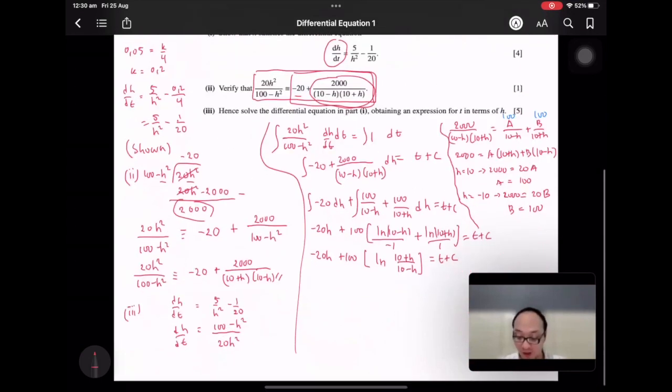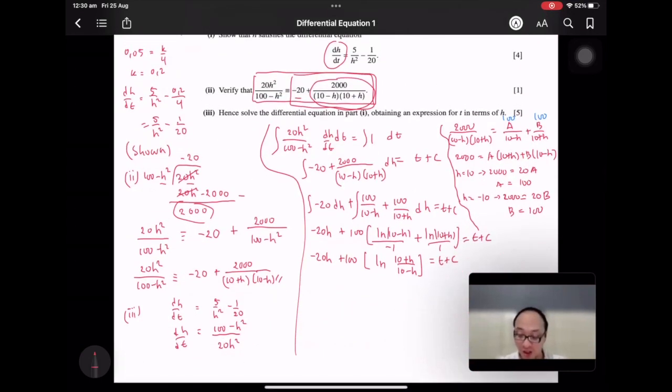So I can put it there: 0 plus 100 ln of 10 over 10 equals 0 plus c. ln 1 is equal to 0, so c equals 0.